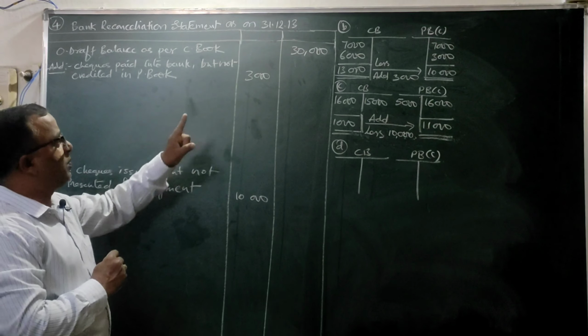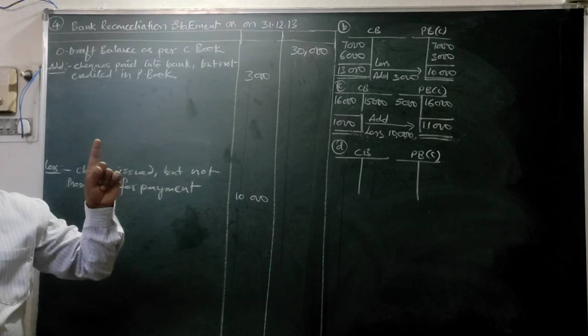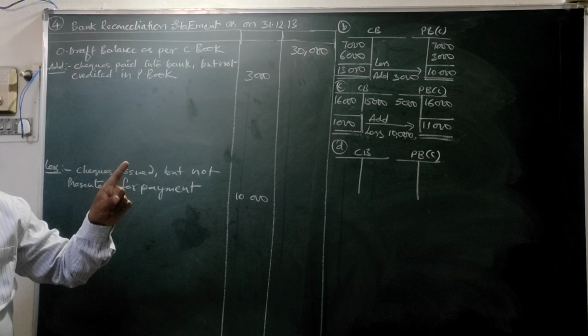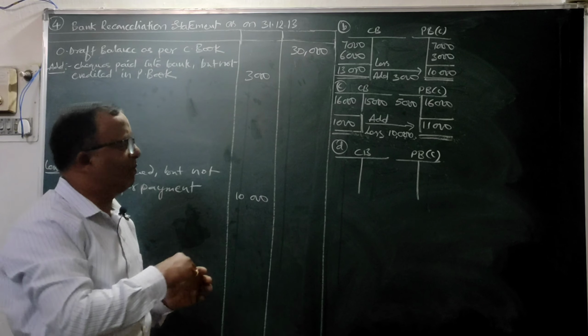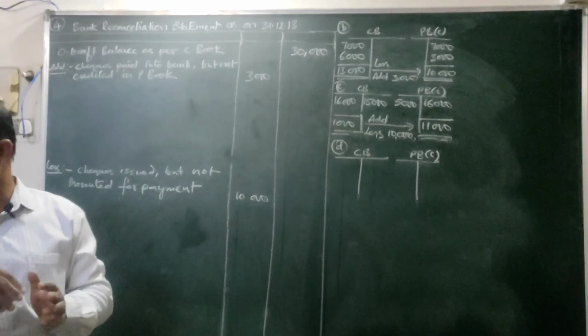So up to 31st December, interest on overdraft, 1,000 rupees, is posted in the passbook. It is charged, means here from the passbook banker has taken that particular interest on overdraft.